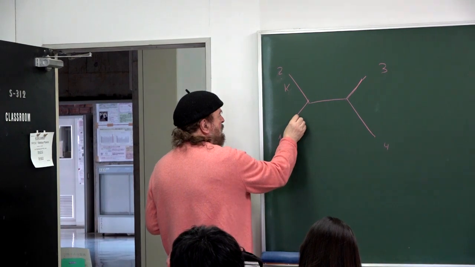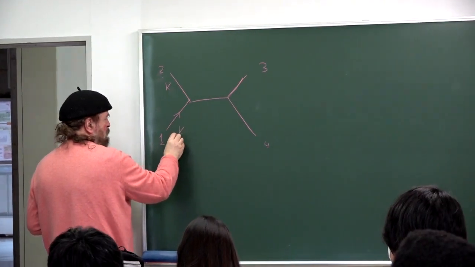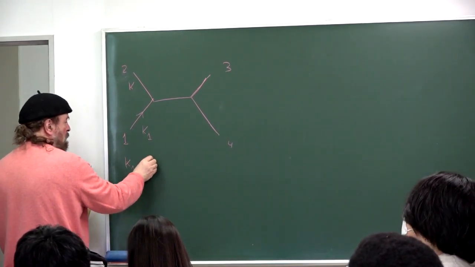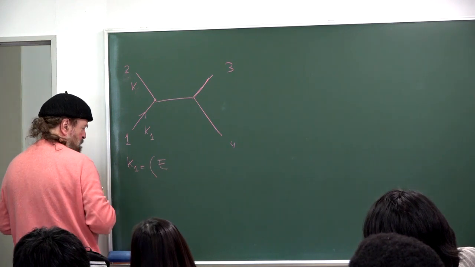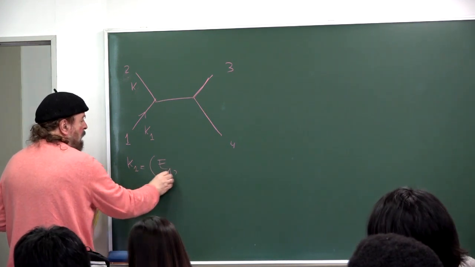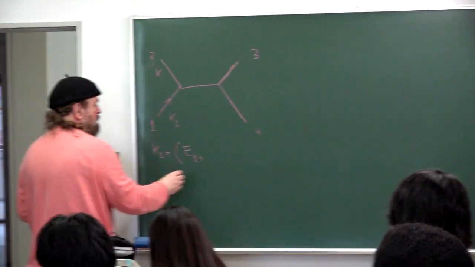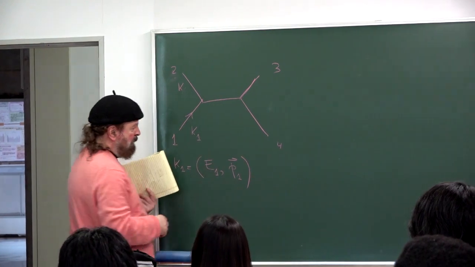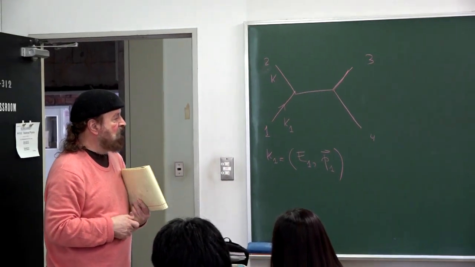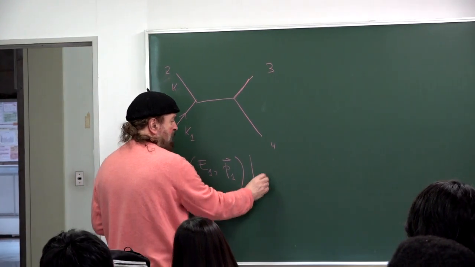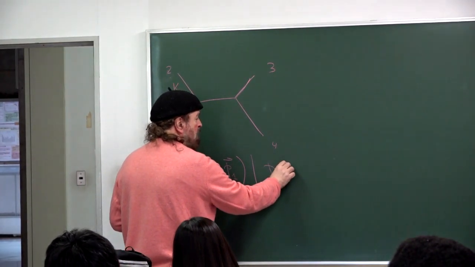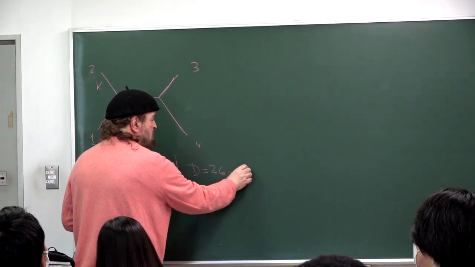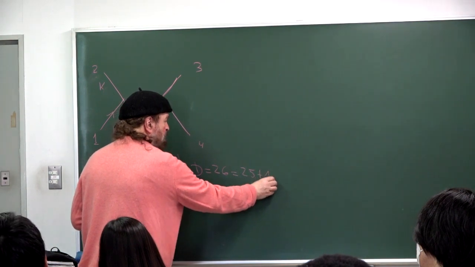So you have a particle 1 coming in, and it has an energy momentum given by K1. By K1, I have a particle whose temporal component is E1, and whose spatial component is given by a vector P1. And remember, in string theory, in the bosonic string, the critical dimension is 26 space-time dimensions. So you're going to have 25 spatial dimensions and 1 temporal dimension.